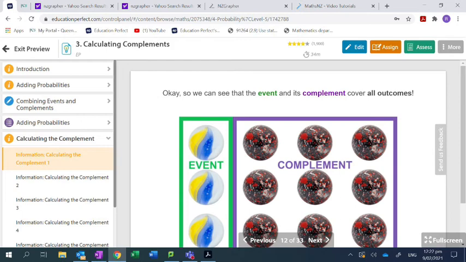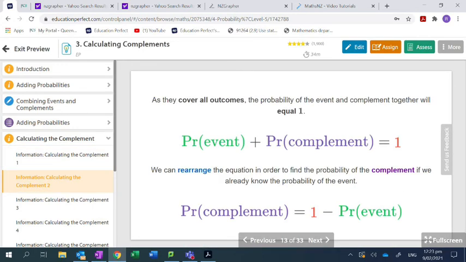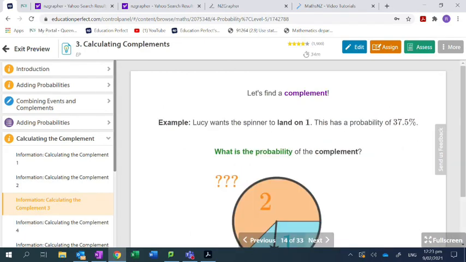The sample space. Excellent. Remember those terms. You're going to use them a lot, so you might want to study those terms. Good. So, the probability of an event and its complement always add up to what? 1. So you can always find one by simply subtracting the other from 1. Pretty easy, yeah?